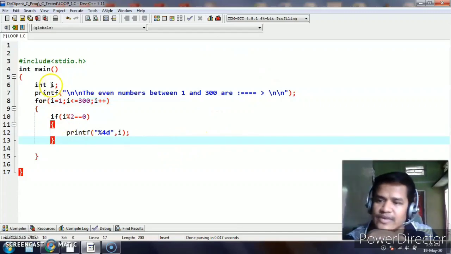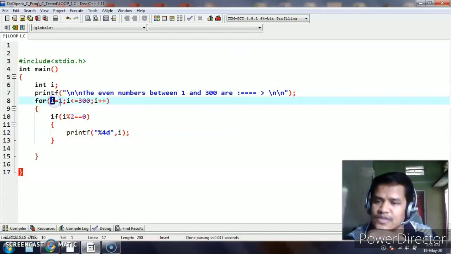Here the variable i is initialized with 1. Then i is supposed to move when it is less than or equal to 300, and it has a modifier, that is i++.